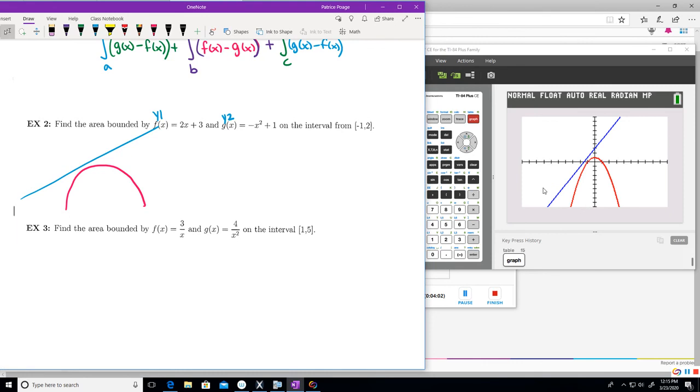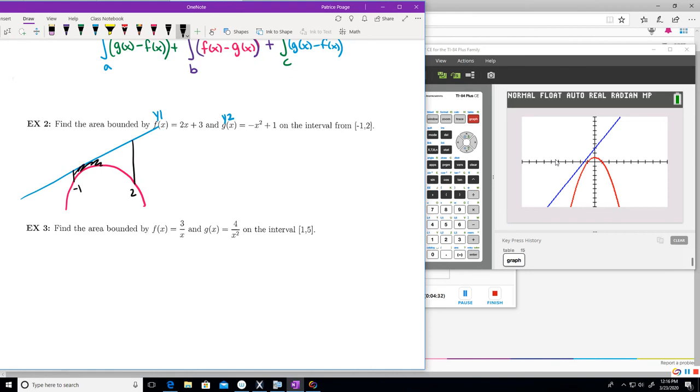Whenever you're looking for the area between two curves, drawing the x-axis usually gets in your way, so I usually don't draw it. -1 is about right there, so I'm going to pretend that's -1, and 2 is over here somewhere, about right there.